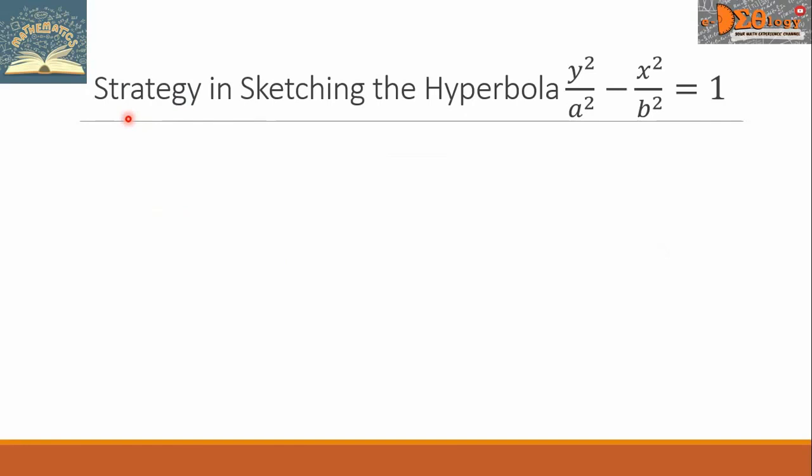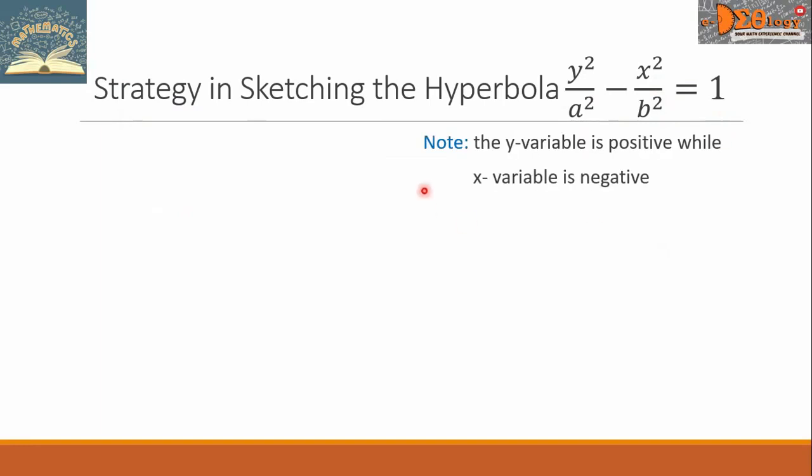Here is the strategy in sketching the hyperbola y squared over a squared minus x squared over b squared equals 1. Please note that the y variable here is positive while the x variable is negative.